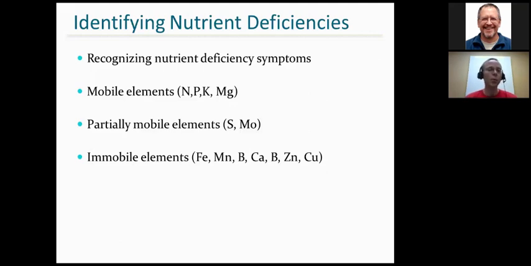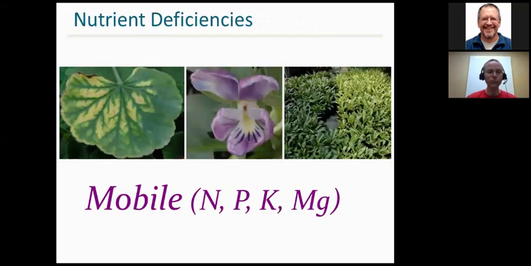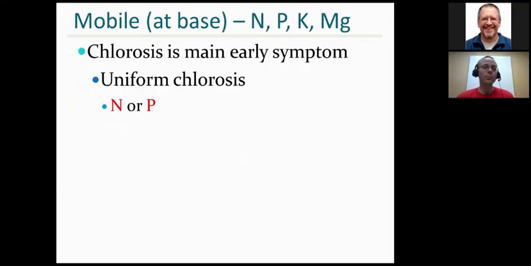So let's look at the mobile elements first. And if we determine that it's a mobile element, we've just limited our possibilities to 4 different elements, making our lives a whole lot easier. So when you look at what the symptoms are, and if chlorosis is your main symptom happening early on the mobile, or the base of the plant, we're probably looking at nitrogen or phosphorus.